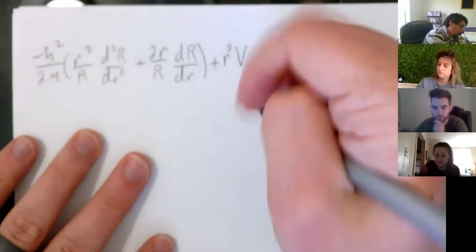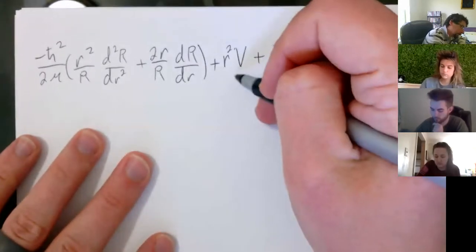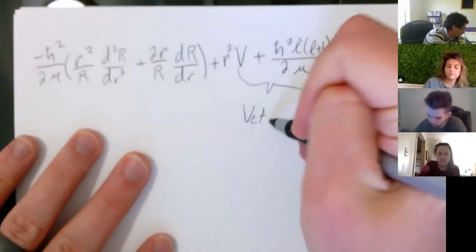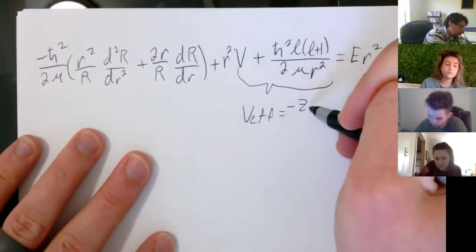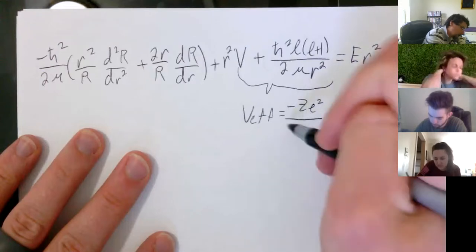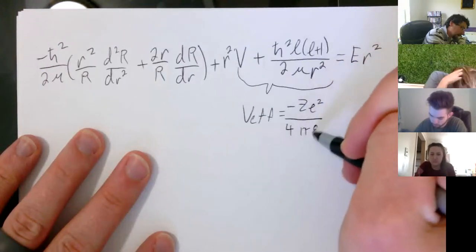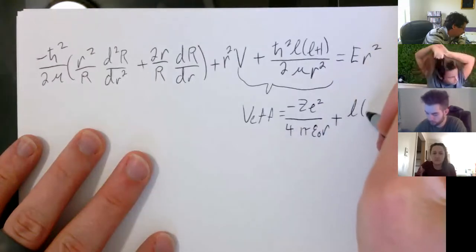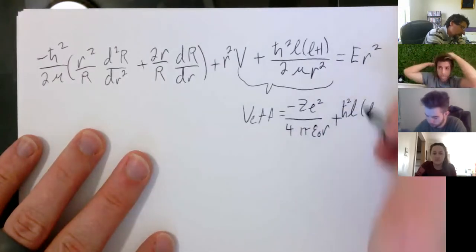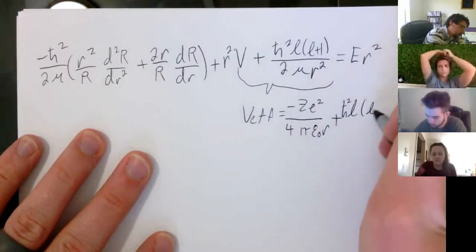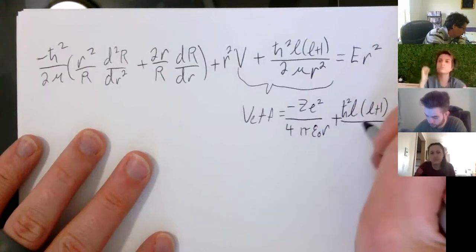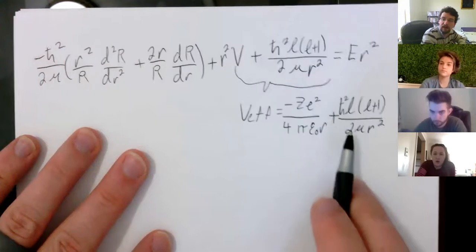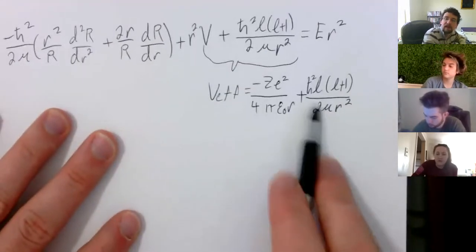And at one point I wrote out this V effective thing. I said negative Z e squared over 4 pi epsilon r, plus h bar squared l(l+1) divided by 2 mu r squared, and I said this was just defined through the math.